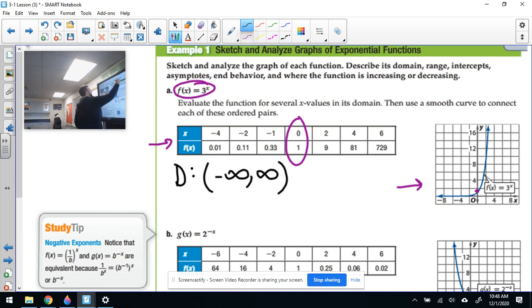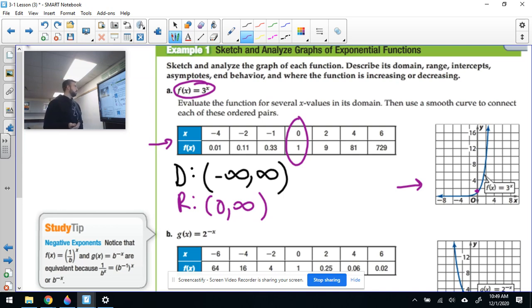Next, we're looking at the range, right? Now, if I look at my graph, I notice that I get super close to the x-axis, really, really close, really small, but I never go below it, which means it's going to be greater than 0, right? So the way we write this is, remember, it doesn't include 0, but you'll notice because it goes up exponentially, goes really high, I can go all the way up to positive infinity, okay?